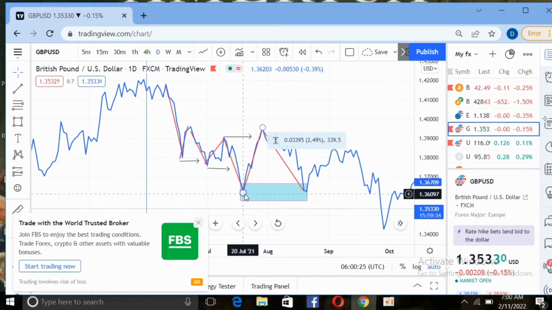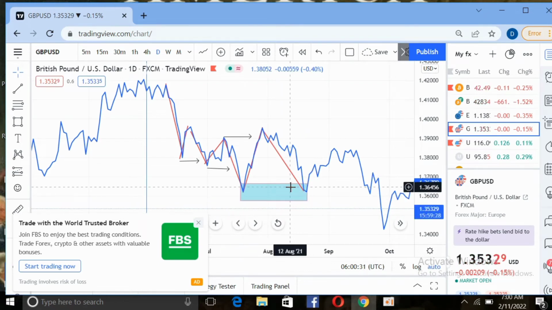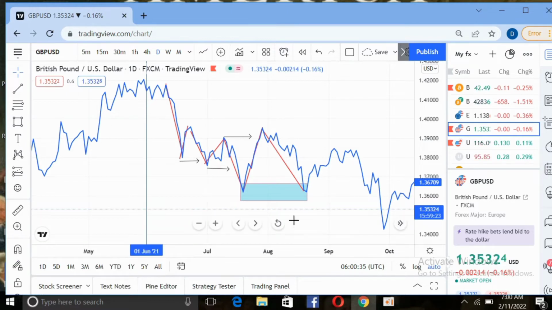So price came down here. There was no break of structure here. You can see that. This now gave us an equal lows. As equal lows is formed here, an equal lows is formed there.